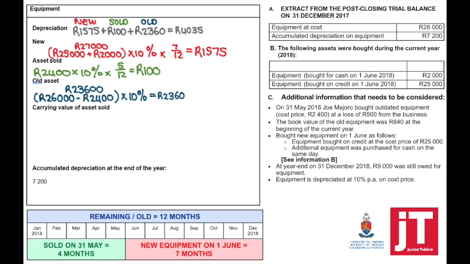To work out the carrying value on the asset which we sold, you can draw a T account if you'd like to. The asset disposal. If we're going through the steps with the asset disposal, step number 1 is take out the cost. Step number 2, update the depreciation on the asset which you've disposed of, which we've done. The third step, take out the total accumulated depreciation.